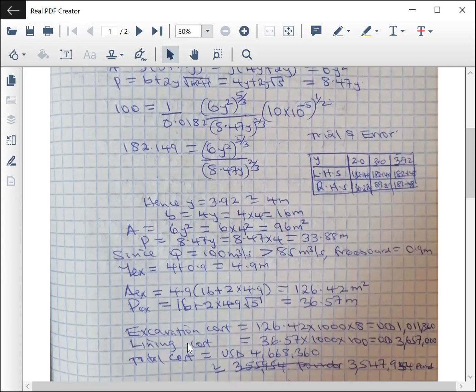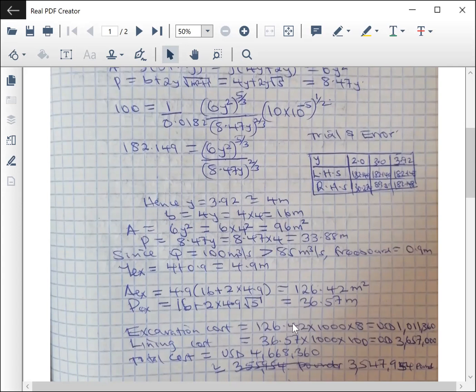Now, excavation cost. Technically, by excavation cost we mean we take the volume of excavation times the cost, where volume is given by area times length.